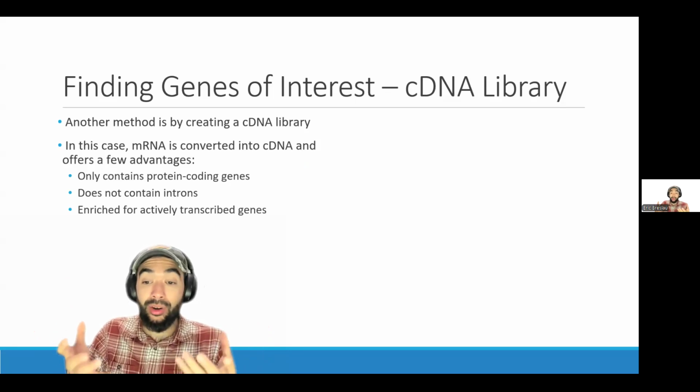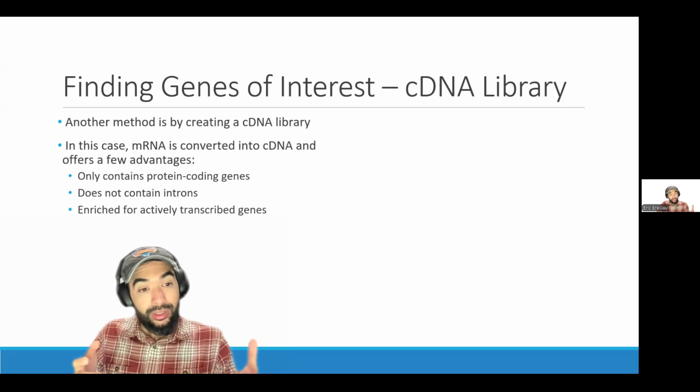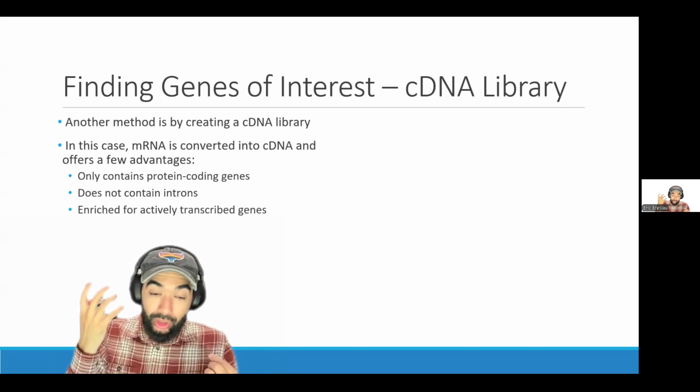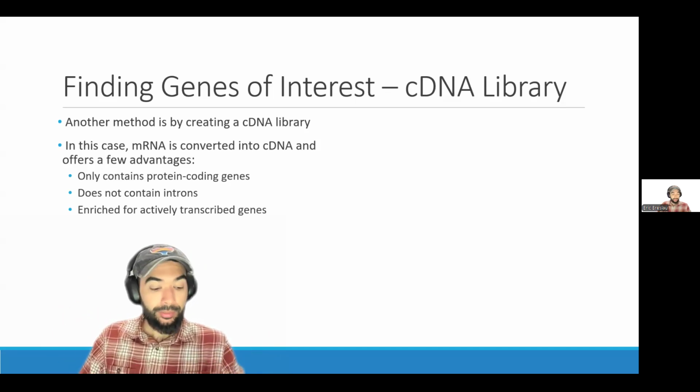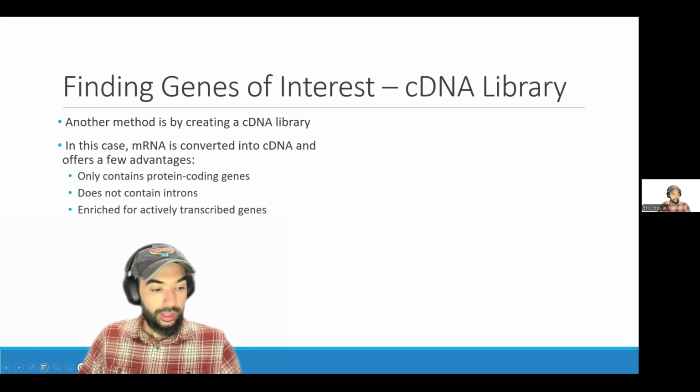If there are, we know that all of those genes are probably necessary, for the most part, for normal cellular function. If there are genes only found in the skin cells, those genes are needed for skin-specific functions. Any genes found in the neurons, those are all genes needed for neuron-specific functions. And so we can see how this can be extremely useful when we're looking at different tissue types or even at different stages of development.